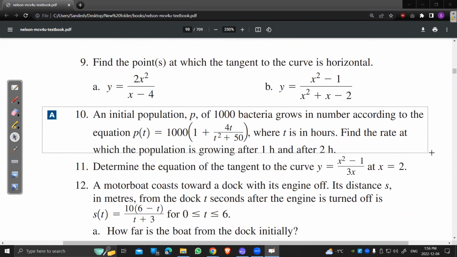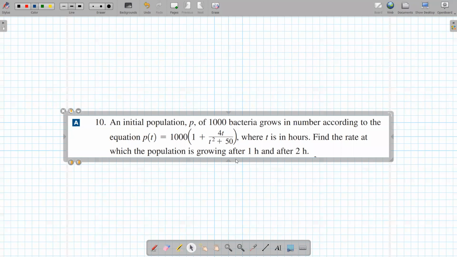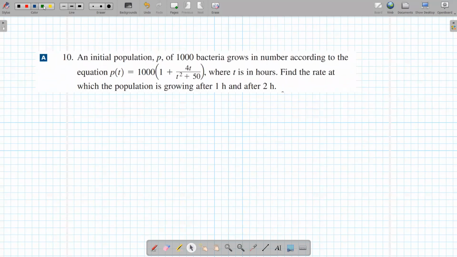Application. A is for application there. So there's a bunch of numbers, a bunch of words. We don't really care. It just says find the rate of change after 1 hour and after 2 hours. What are they asking us to find?